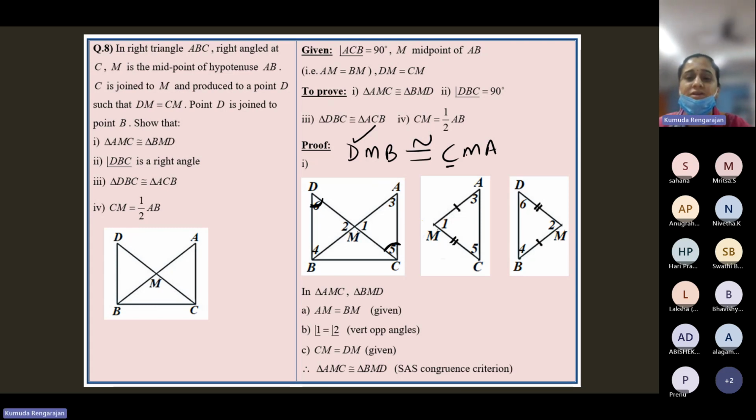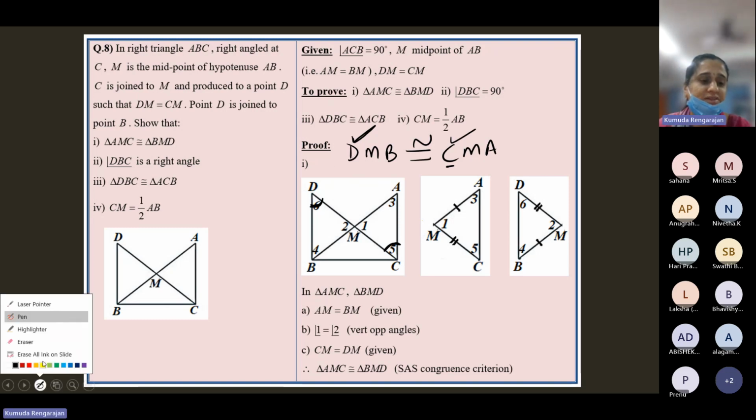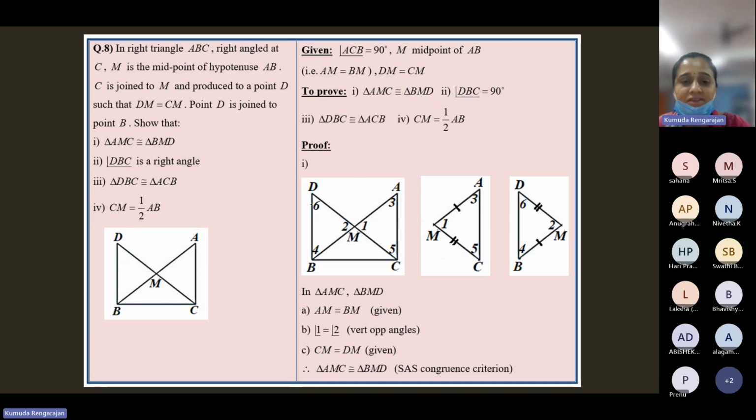Then you will see that the vertex D of the first triangle coincides with vertex C of the second triangle. Okay, so CPCT will have angle 6 equal to angle 5.